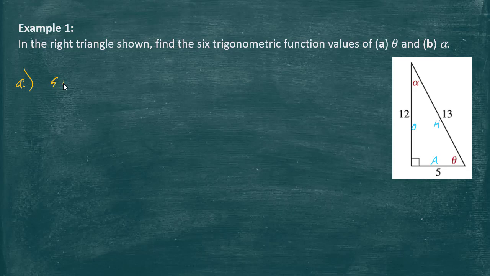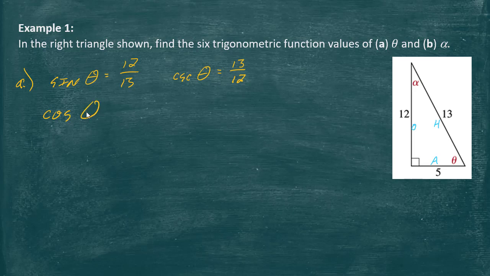So if I wanted the ratios of each, sine of theta should equal the opposite over hypotenuse from SOHCAHTOA. So the opposite being 12, the hypotenuse being 13. And while we're doing it, let's figure out the cosecant, since it's the reciprocal of that. So if sine is 12/13, cosecant would be 13/12. Similarly, we could do the cosine.